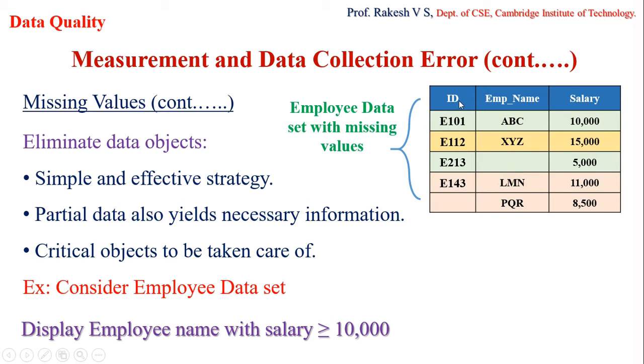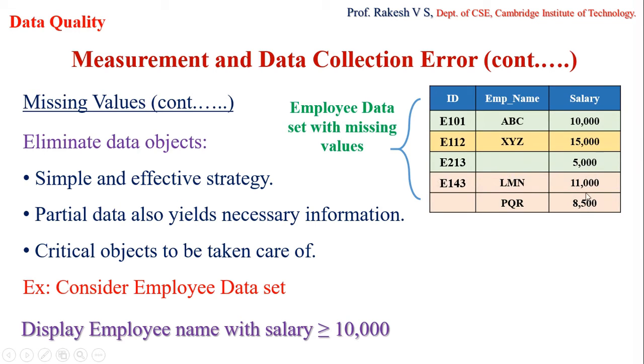If so, then I transform this table into how I need it. Since these values are missing, I first confirm that these two rows are not required in my analysis. Whether it is required or not, I'll confirm first. Since the requirement is that salary should be greater than 10,000, if I see this particular field here, the salary is 5,000. So this row is not useful for my analysis, right?